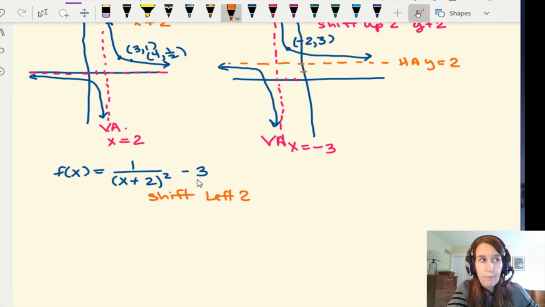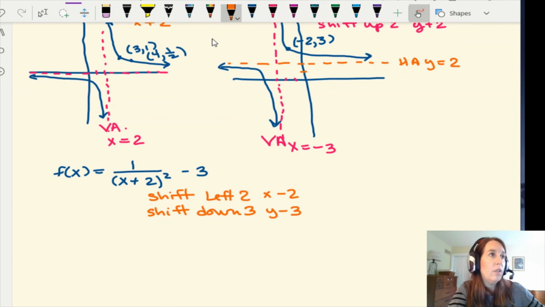And then the -3 is a shift in the vertical direction, down 3. So in the x direction, that's x minus 2, and in the y's, it's y minus 3.